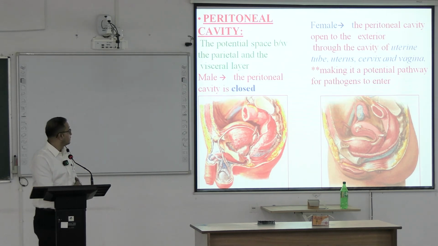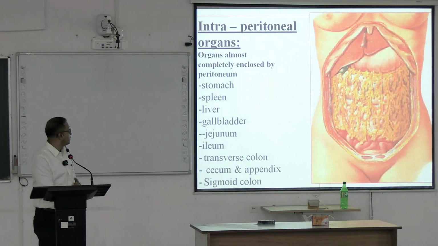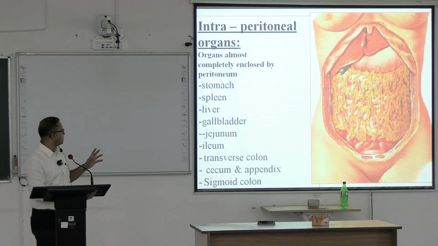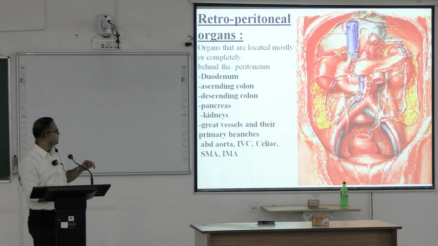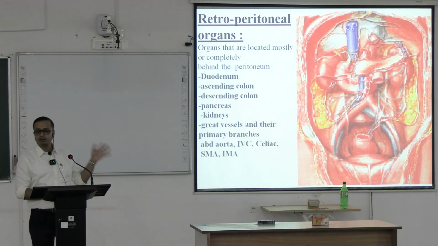Now, based on how the peritoneum is covering or placed, we call these intra-abdominal organs into two categories. Either the peritoneum covers it completely, and we call them intraperitoneal organs, wrapped completely by the peritoneum, or the organ may be lying behind the peritoneum, and we call them retroperitoneal.